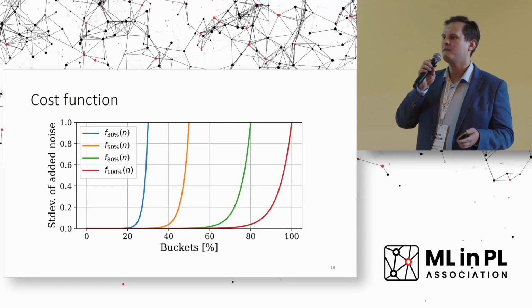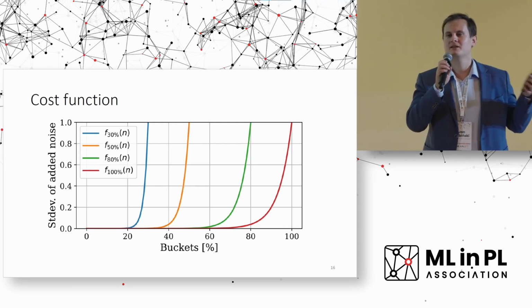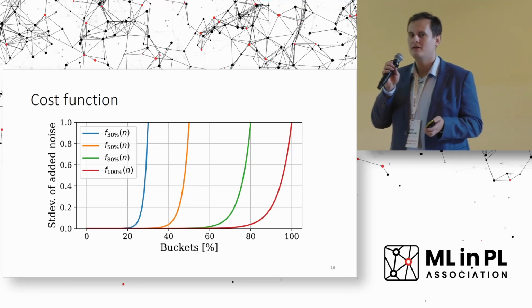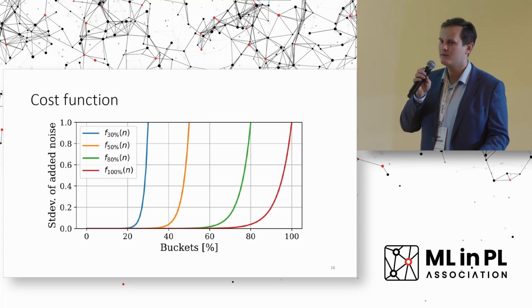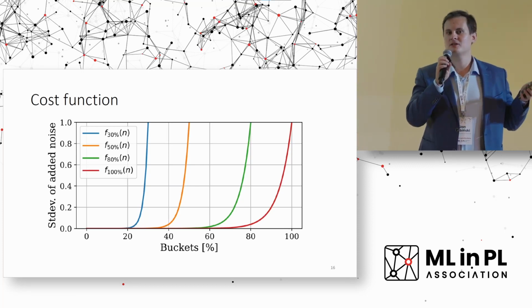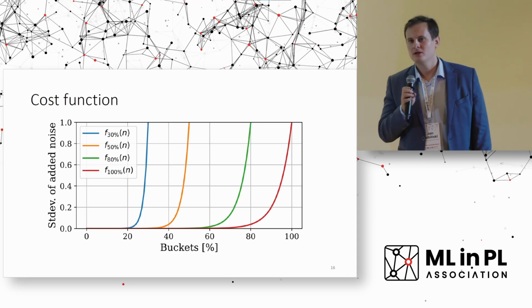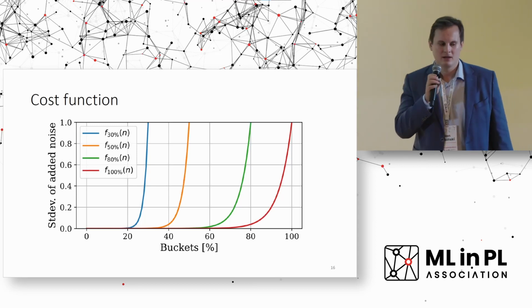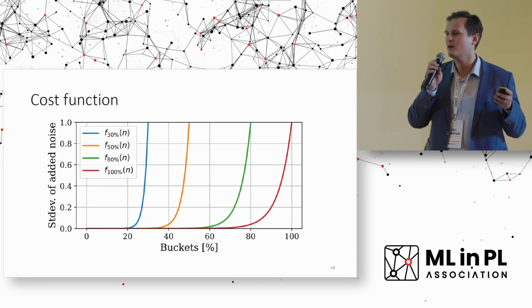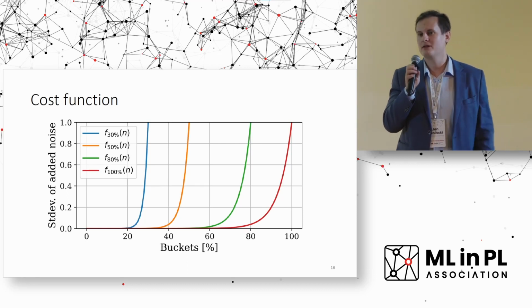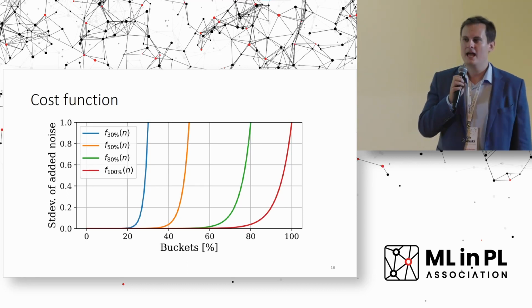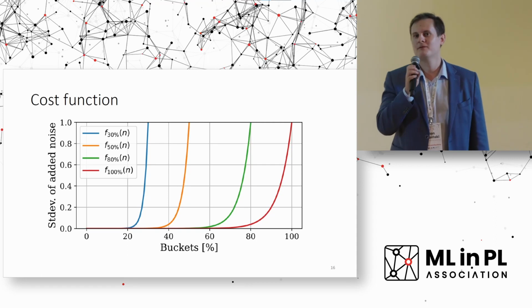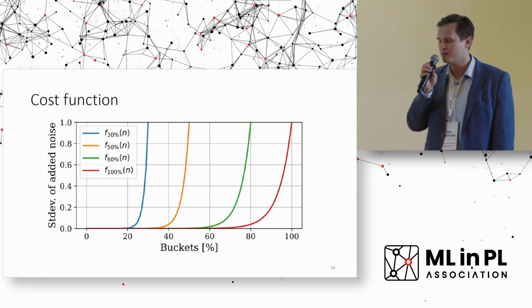Now that we have the estimated coverage of the latent space through the number of buckets, we map this fraction of buckets covered to a cost. And we want this cost to be negligible for legitimate users and very high and very painful for the attackers who want to steal the encoder.